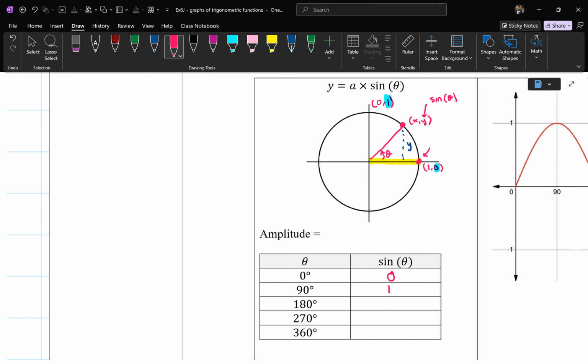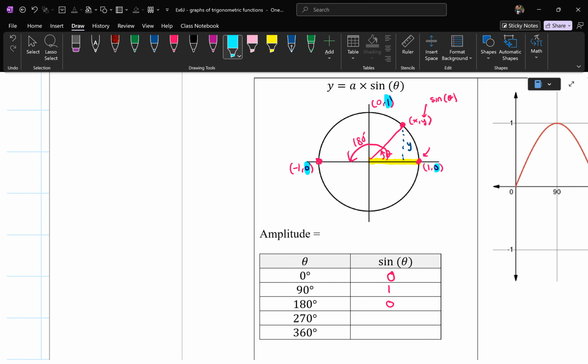Then when I go from 90 degrees and I go down to 180, so the next quarter, what is the Y value when I have made a 180 degree turn? 0. So now we're starting to see. So 0, 1, 0. So that's 180 all the way this way. Okay, so at this point, this is negative 1, 0. Y value 0 again.